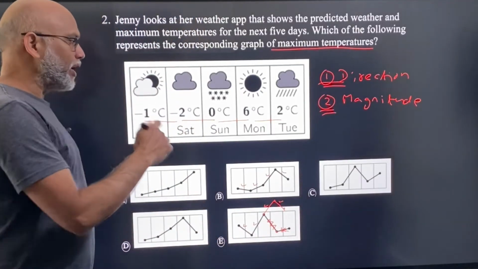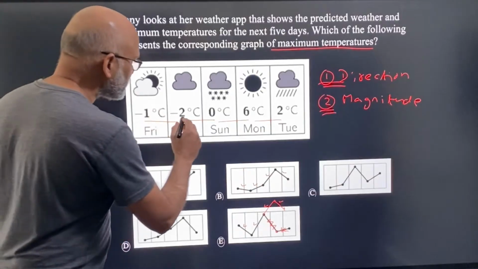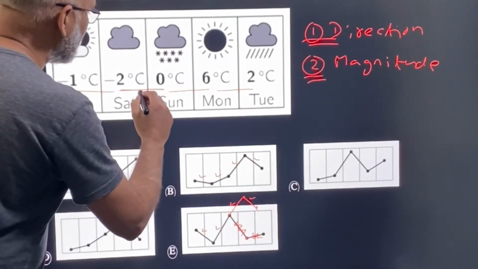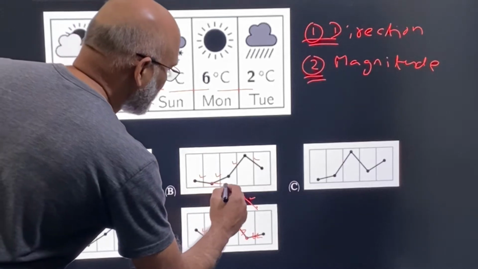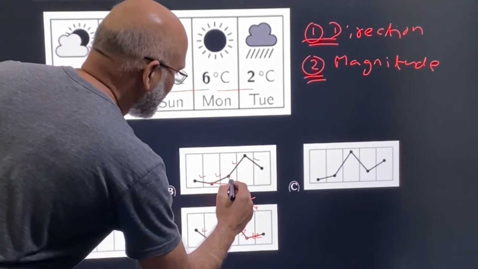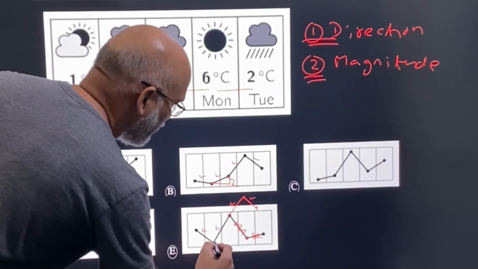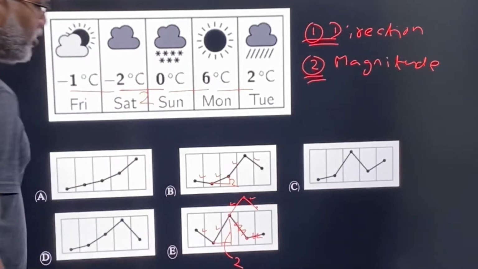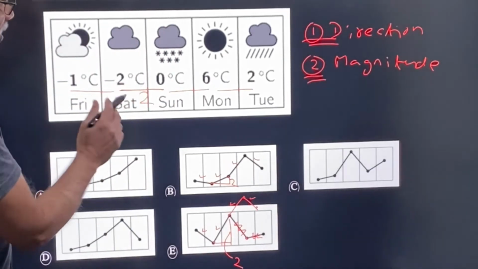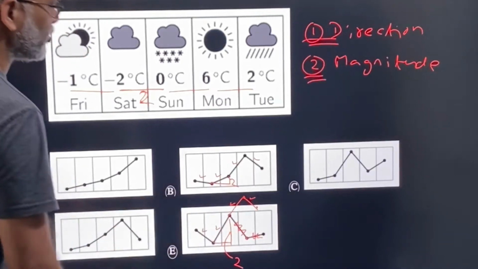What I'm doing here, you can do for all pairs, but let me just give one example. -2 to 0 is a difference of 2, right? So from this point to this point, let's assume this height is 2, okay? Similarly, from this point to this, height is 2, right? -2 to 0, the difference is 2, so that height has to be 2, this height has to be 2.